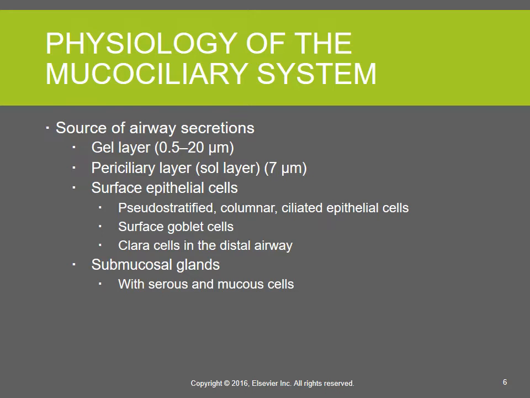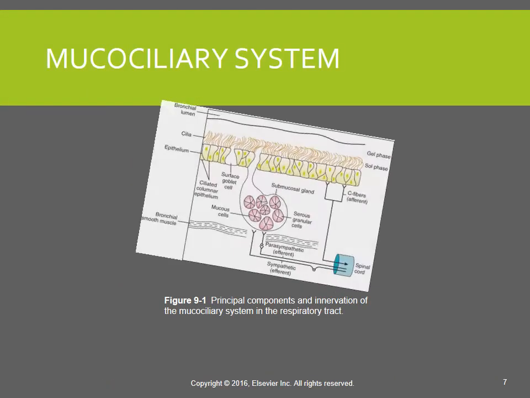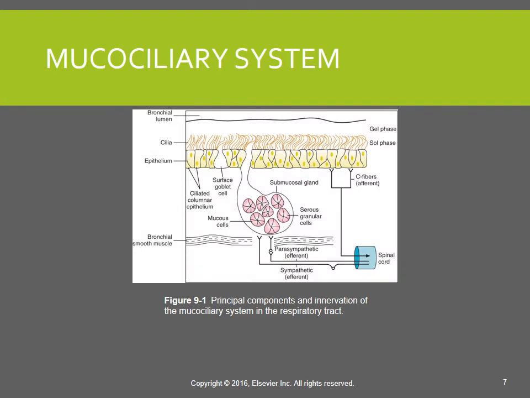Mucus is secreted by surface epithelial cells and glands into the airway and provides for basic protection of the respiratory tract, including humidification and warming of inspired gas, mucociliary transport of debris, waterproofing and insulation, and antibacterial activity. So let's take a closer look. Here you can see the gel phase and sol phase.